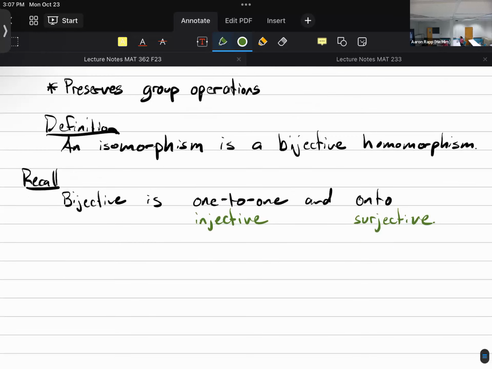But what does it mean to be a one-to-one function? So yes, unique output.